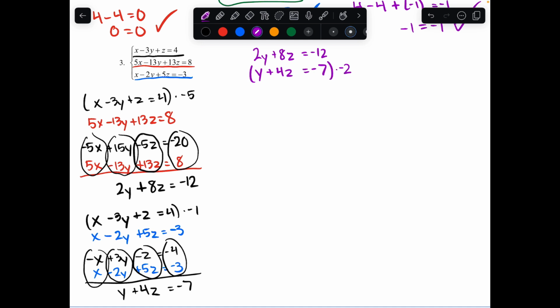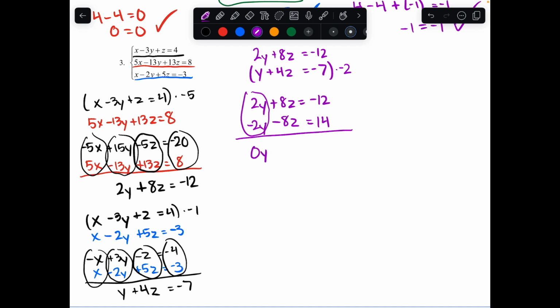And so what do we get? We get 2y plus 8z is equal to negative 12. And then we have negative 2y minus 8z is equal to positive 14. Adding these two together, we're going to have 2y minus 2y, so we're going to have 0y.